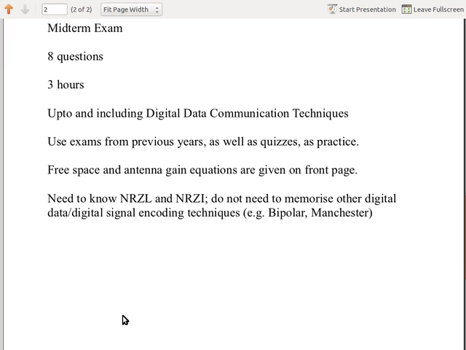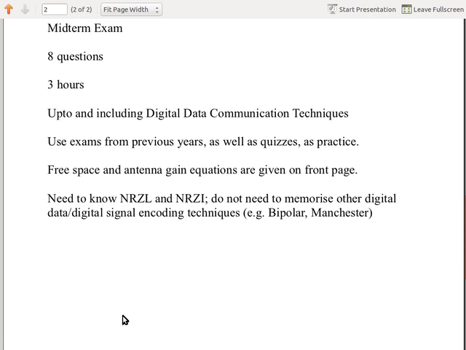One thing that you may need to know, I'm not saying that there's a question in it, but we mentioned with the digital encoding techniques, we had a list of 6 or 7. You should remember non-return to zero level and non-return to zero invert on ones. The others you don't need to remember the definitions.